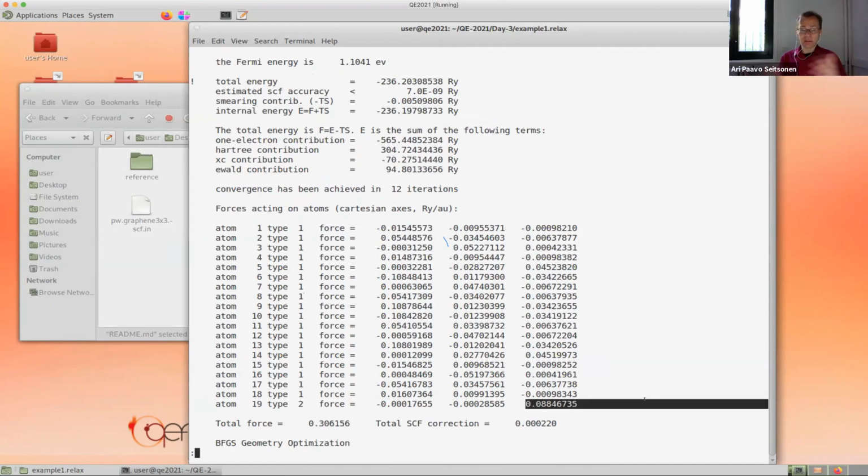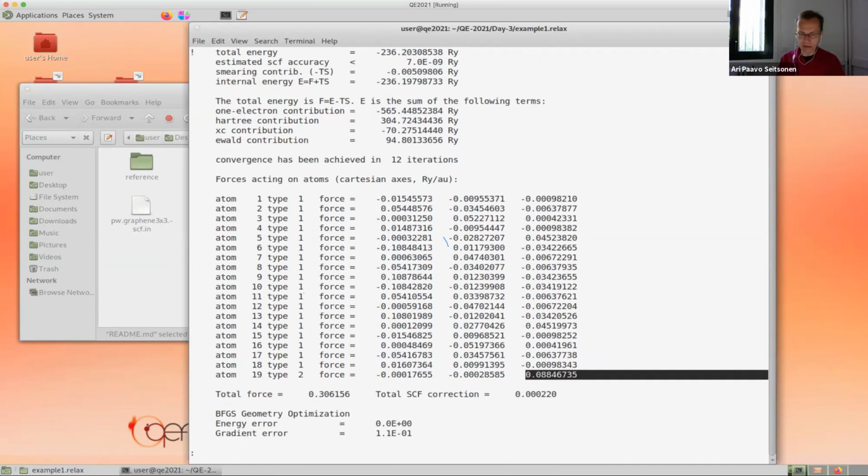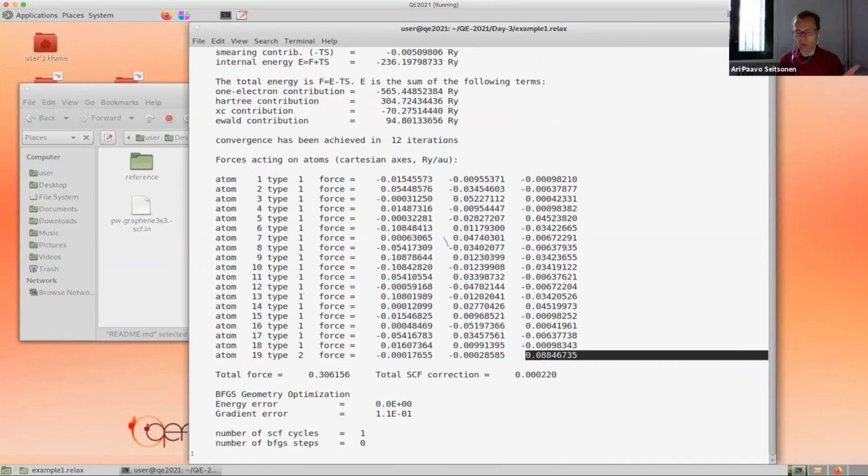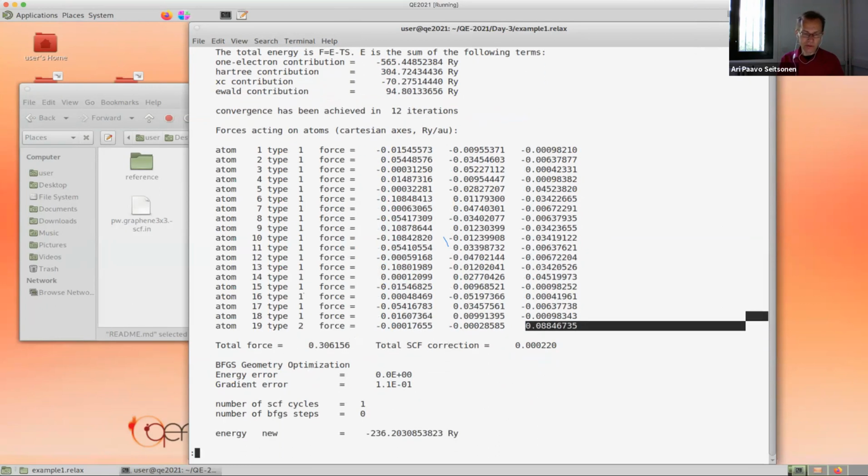These initial forces, of course, depend on which kind of initial geometry you have given. So that might be a huge one if you have a very bad starting geometry, or it could be already very small if you manage to start very close to the final or converged geometry.